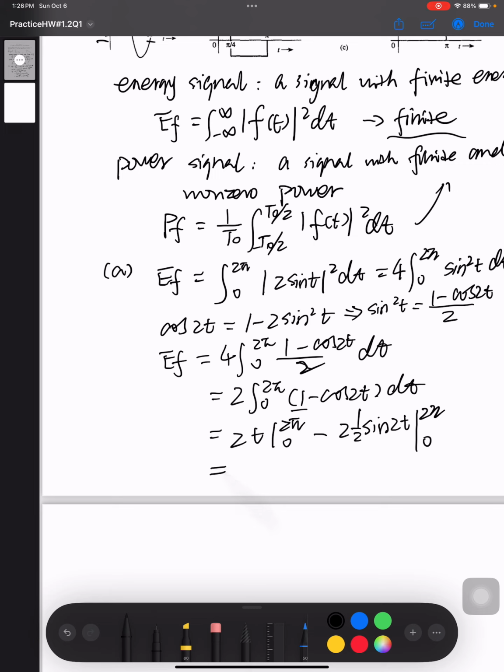Now we can see the first part is 4 pi, minus sine of 2 times 2 pi minus 0, which is also equal to 0. So eventually the value is 4 pi.